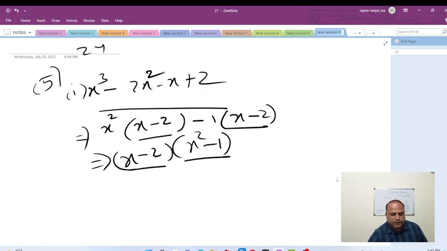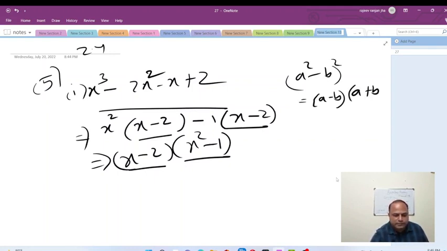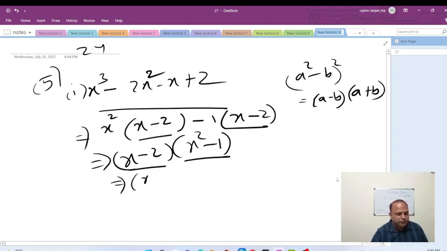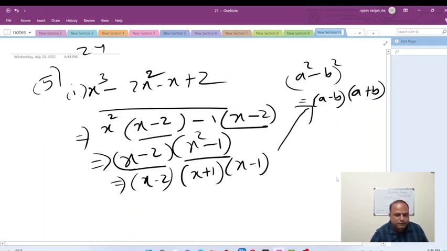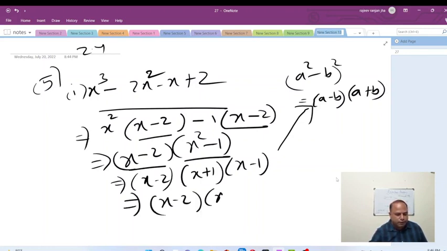See, it is in the form of a square minus b square. So you remember this is nothing but a minus b into a plus b. So this can be factorized as x plus 1 into x minus 1. Here we have applied this identity. So eventually the polynomial becomes x minus 2 into x plus 1 into x minus 1. Okay, this is your answer.